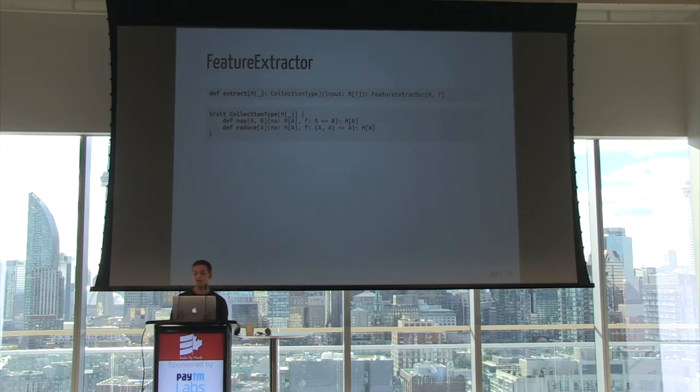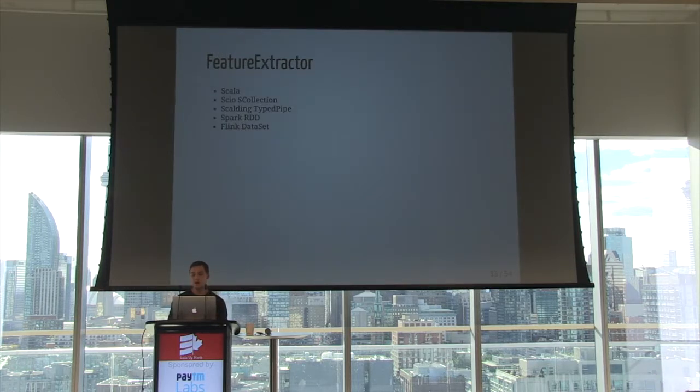Since aggregation can be implemented from just map and reduce, as long as we can provide an implementation for these two methods for some collection type, whatever it is, we're able to apply the transformations to that collection. Basically, all the Featran transformers will work as long as we have a collection type available.